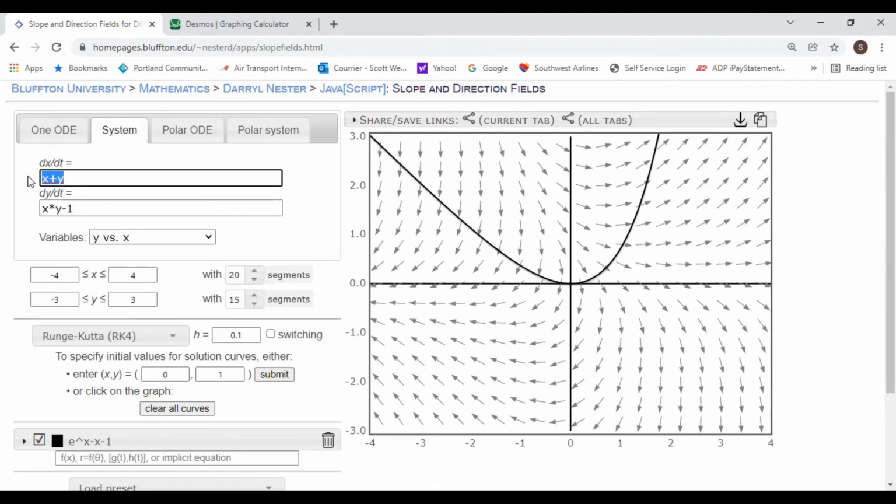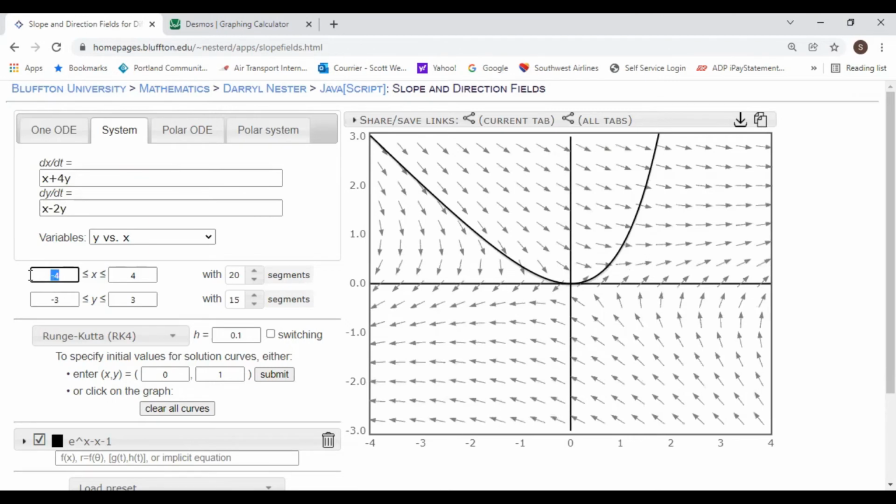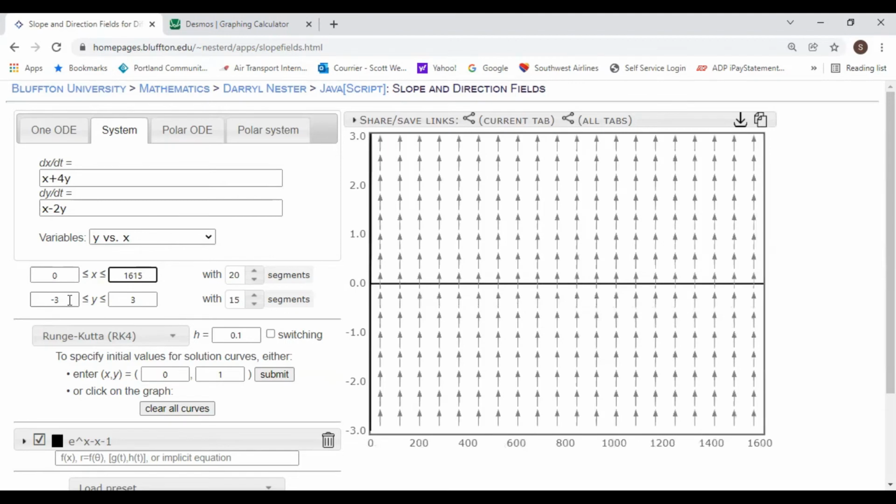So we put in our differential equation, x plus 4y, and x minus 2y. Now we don't care about these values. We'll just go x from 0 to the biggest x value we had, in the 1600s. So 1613 was what it said on Desmos. So I'll put 1615 on this one, and it takes a second for Bluffton to catch up.